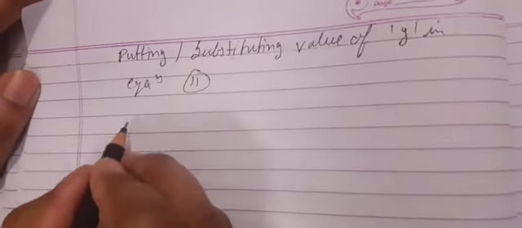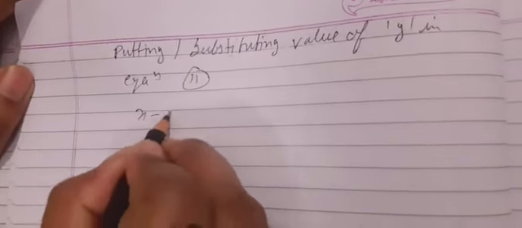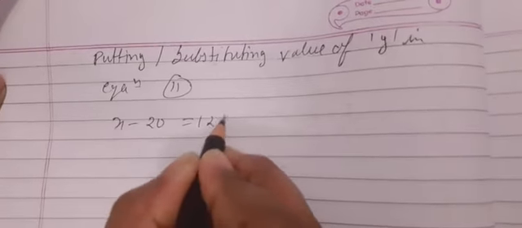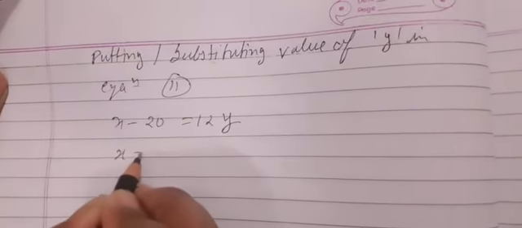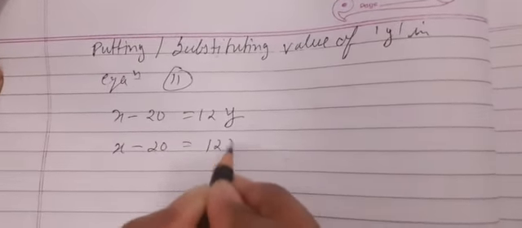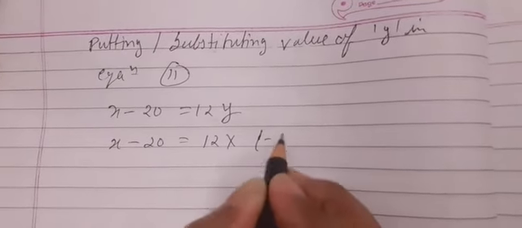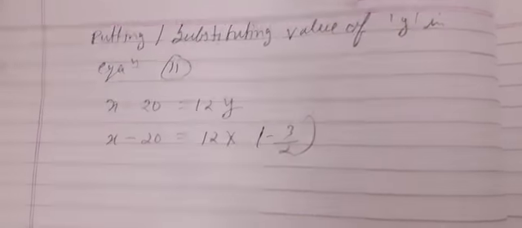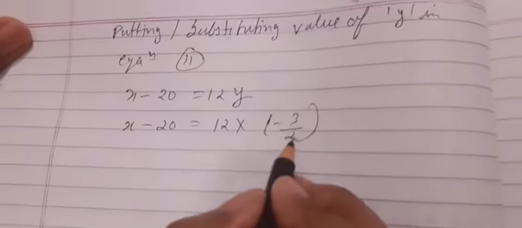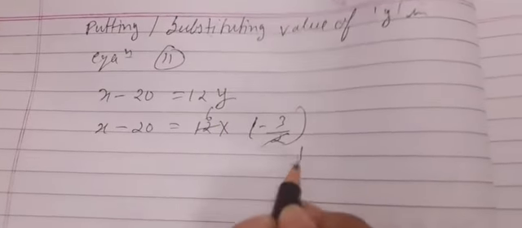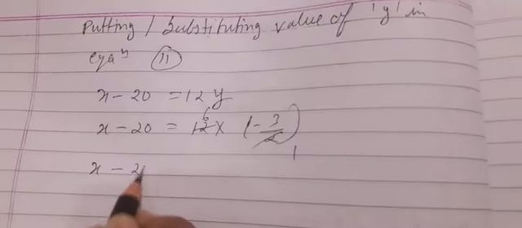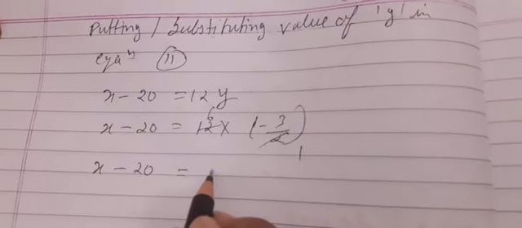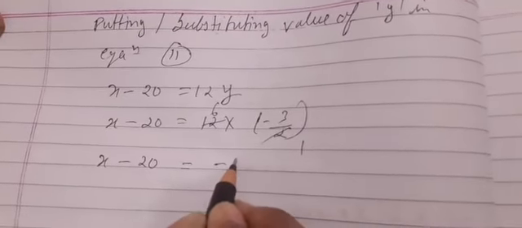And what was equation 2? That was x minus 20 is equal to 12y. x minus 20, and what is the value of y? Just now we have calculated, this is minus 3 by 2. Okay, then what? 2 sixes are 12. So here is x minus 20 equals minus 6 into 3, which is minus 18.